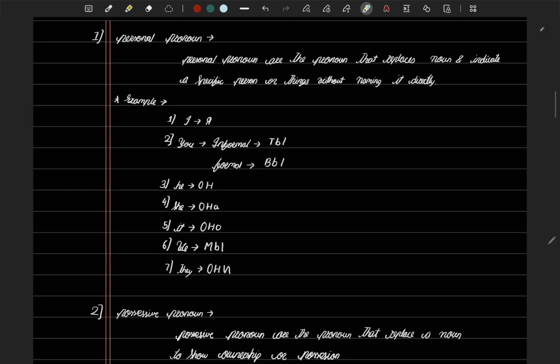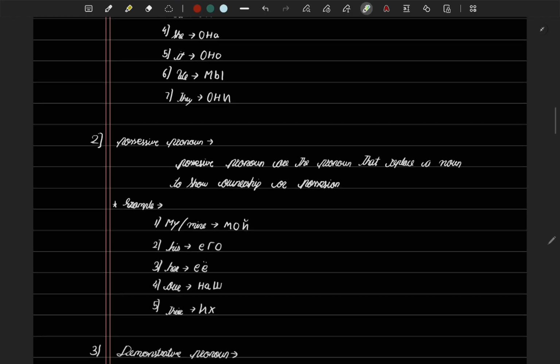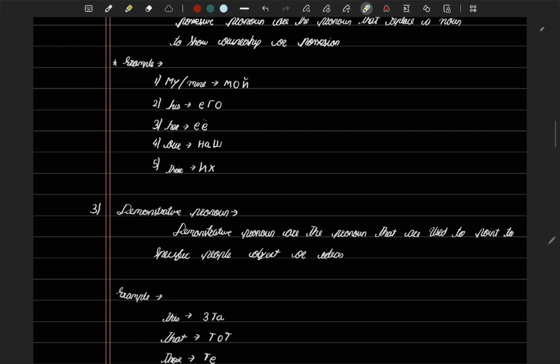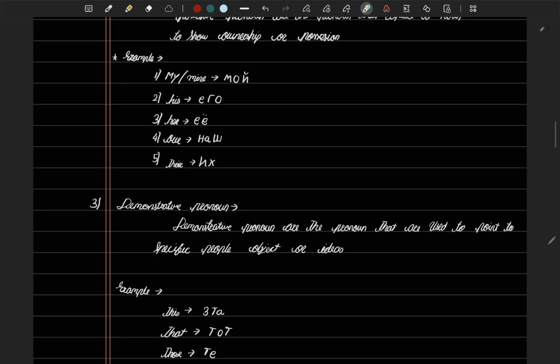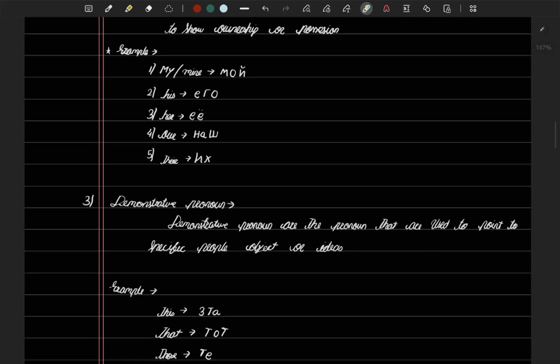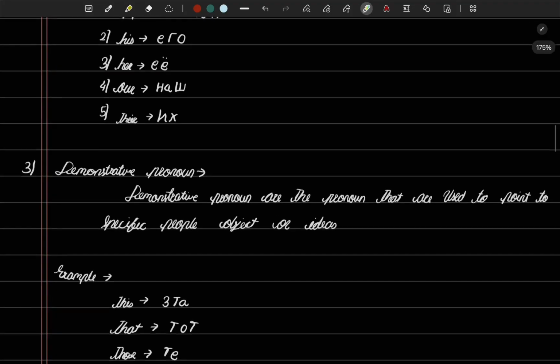And these are the words in personal pronouns. And the second one will be the possessive pronoun, the pronouns that replace a noun to show ownership or possession. Also, these are the words in possessive pronouns. You have to read them again and write them in your notebook, so it will be helpful for you.